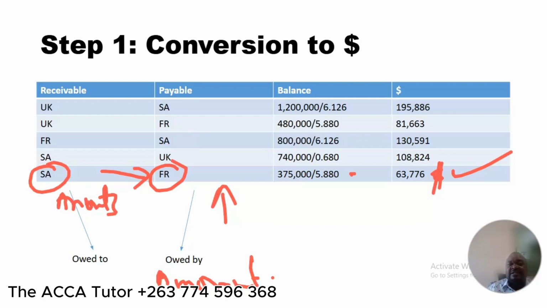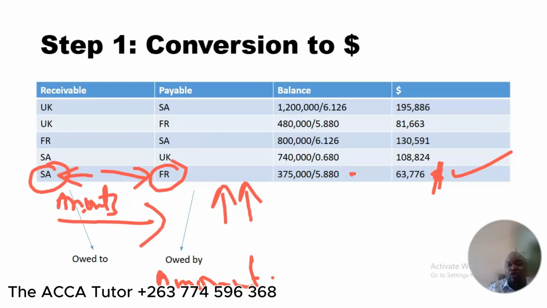It is an amount owed by the companies in this column to these other guys. But the receivables are amounts owed to the companies in the payables column.